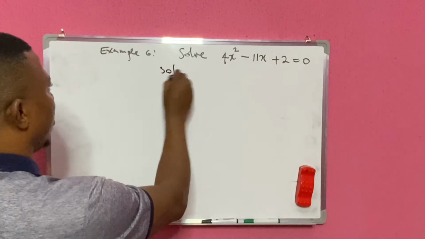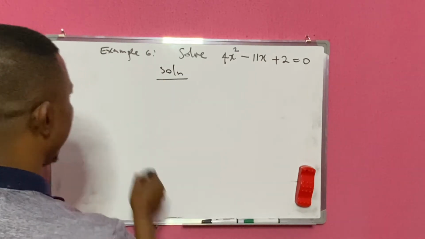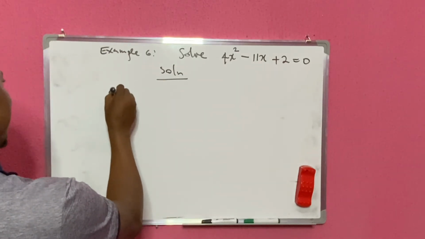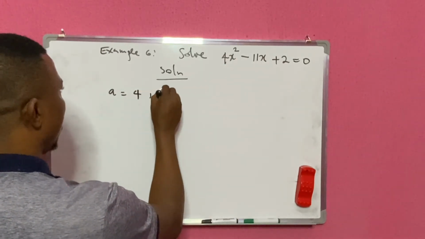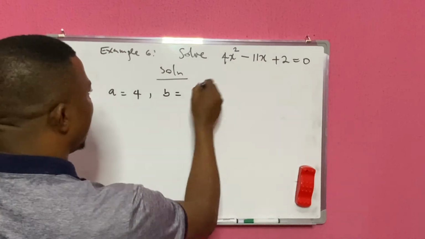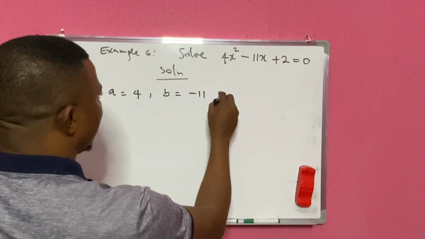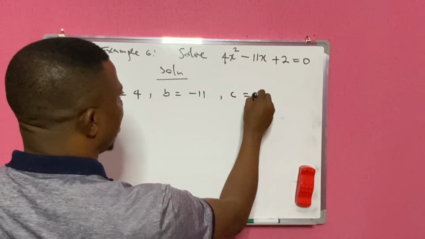Solution. What is a here? The coefficient of x squared is a, 4. What is b? Minus 11. What is c? 2.